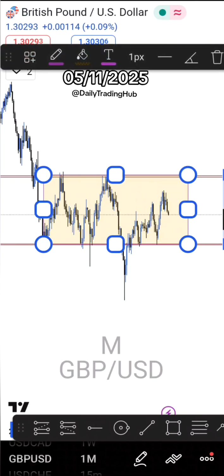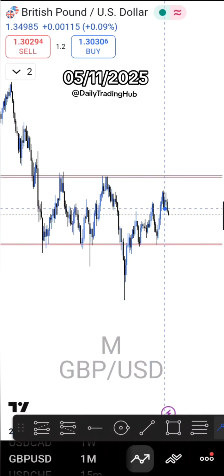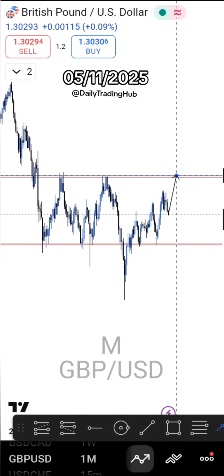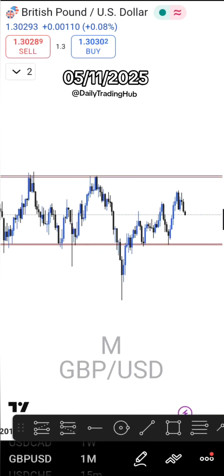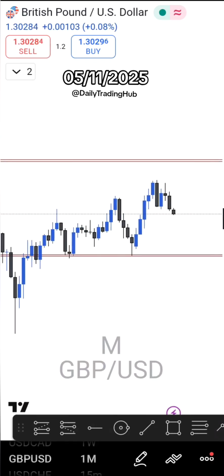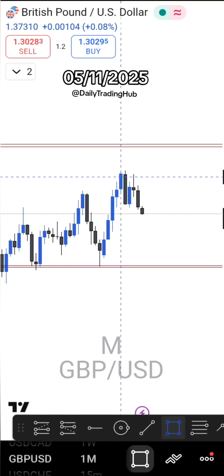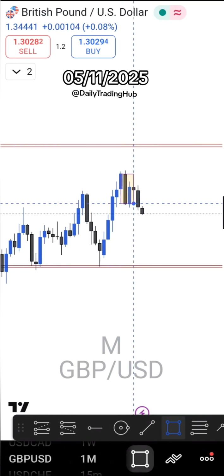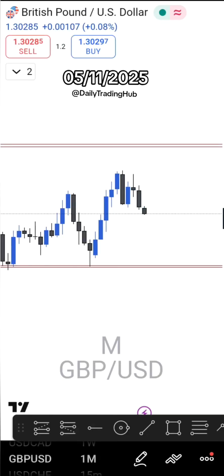Every time price gets to the upside, potentially we're looking for price to go all the way to the upside and then touch this monthly upper zone. But at the moment, in the short term, I'm looking for a selling opportunity on GBPUSD. What is informing my selling opportunity? We can kindly see this is a bearish engulfing candle, which is a first sign of reversal.